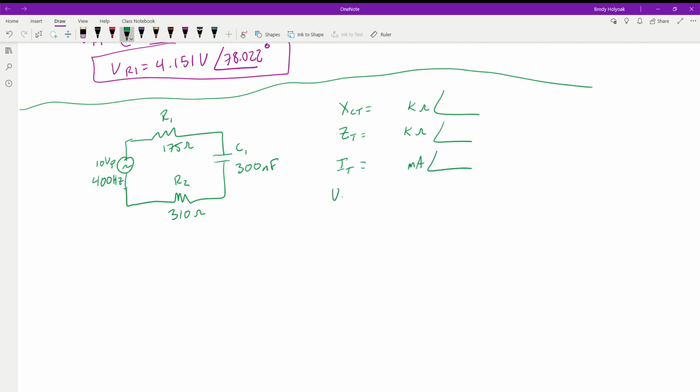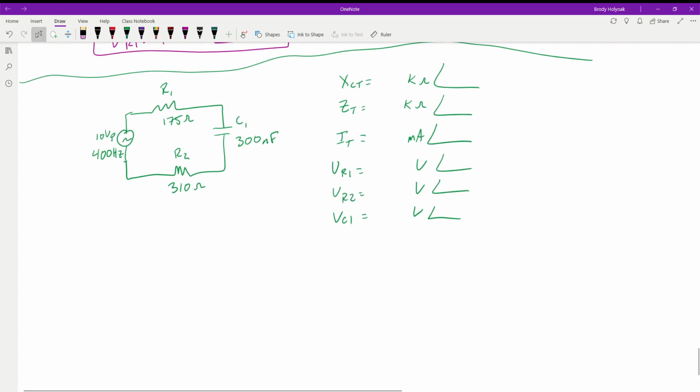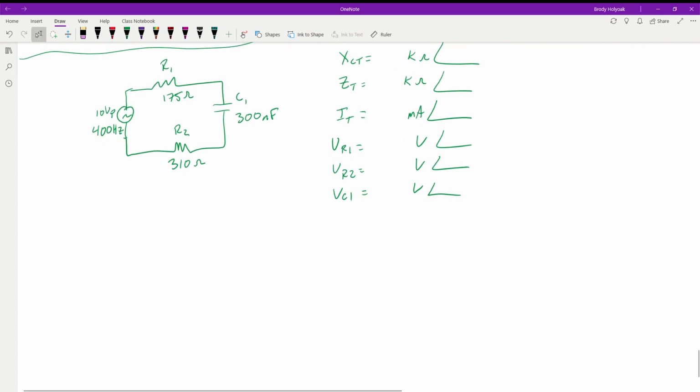And the voltage drop across R1, voltage drop across R2, and the voltage drop across capacitor 1, not 3, 1. And these are all in volts with its associated angles. Again, pause the video, work through it, and then we'll go through the answers.